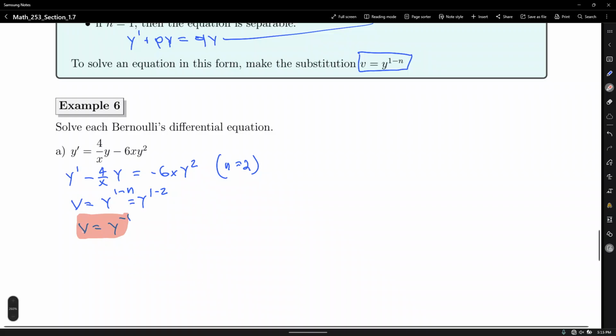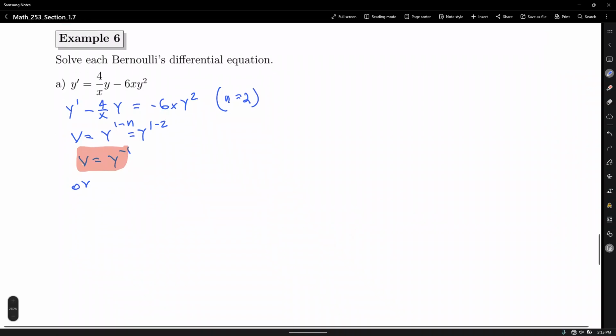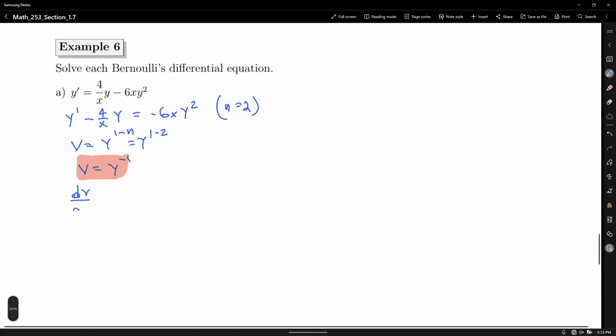So let's take the derivative of this. Finding the derivative dv dx equals negative 1 times y to the negative 2 times dy dx.